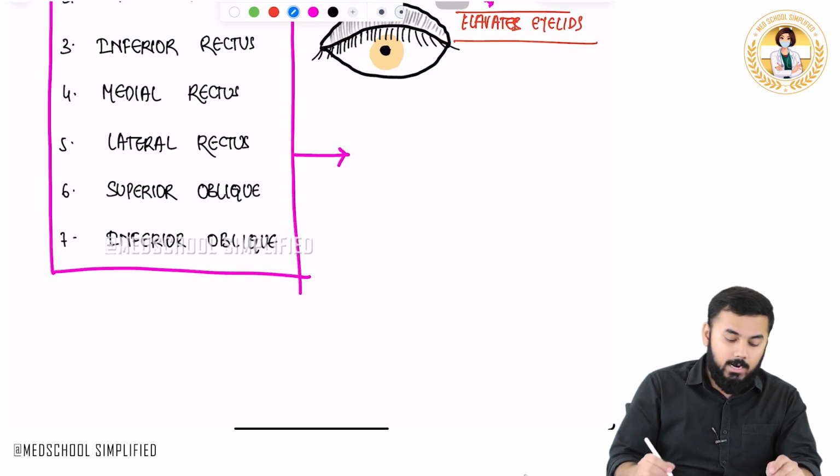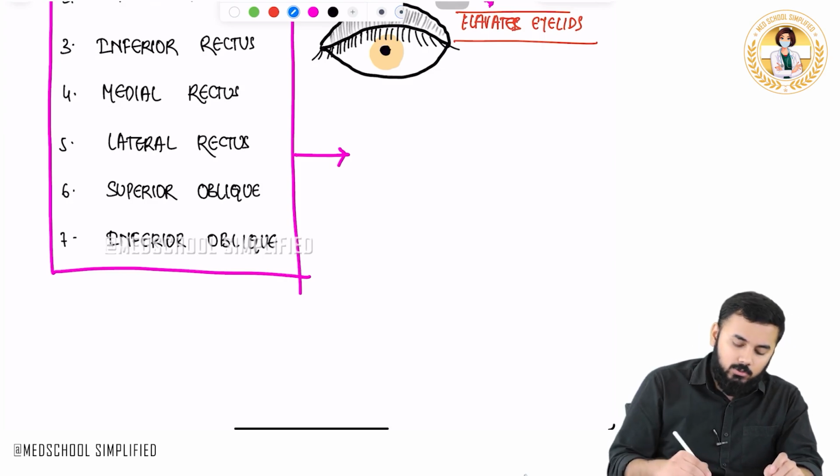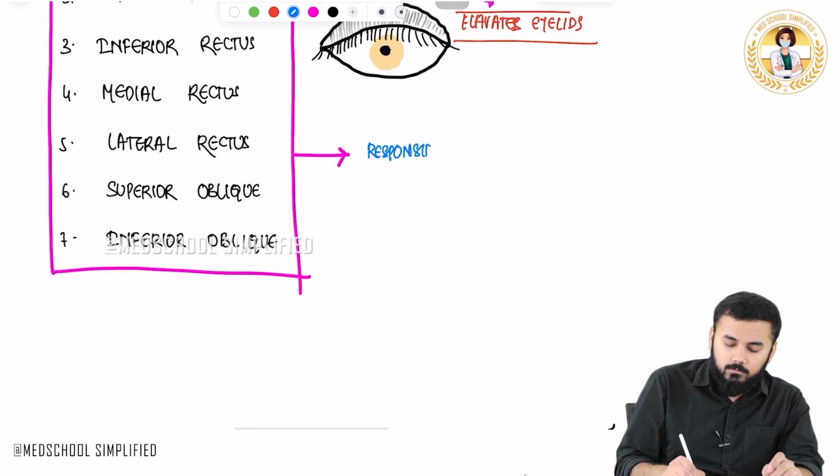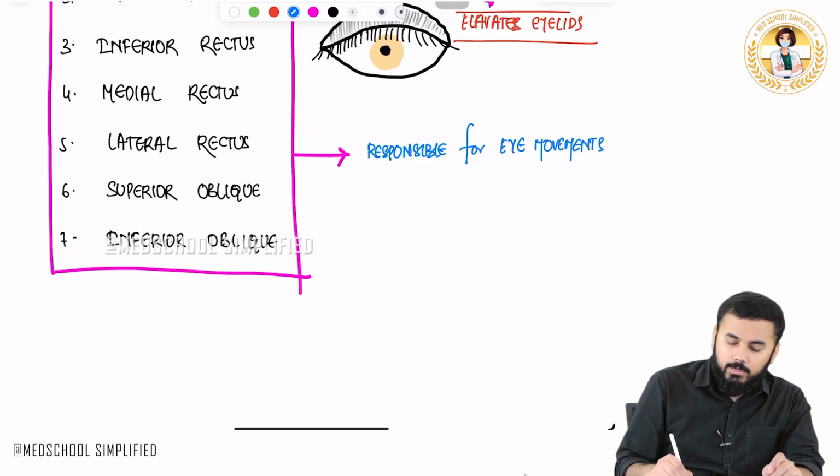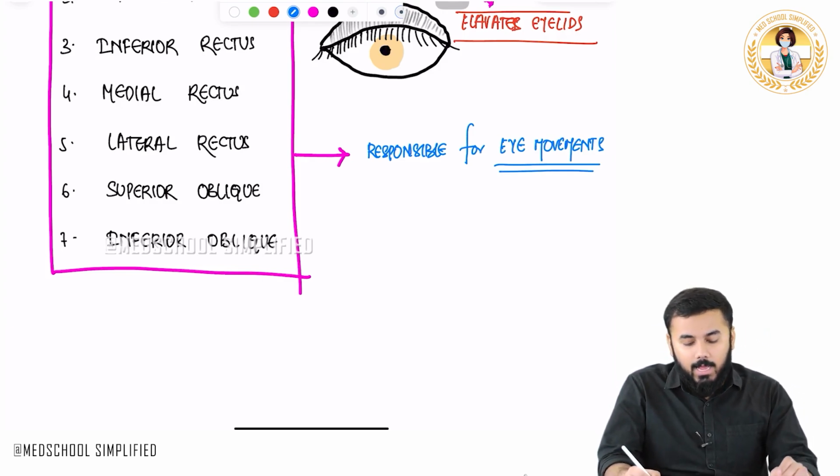All these movements are done by these 6 muscles. They are responsible for the eye movements.